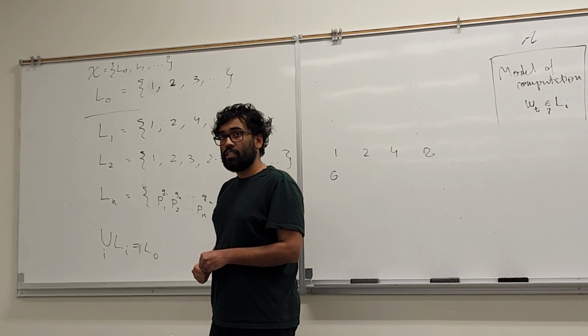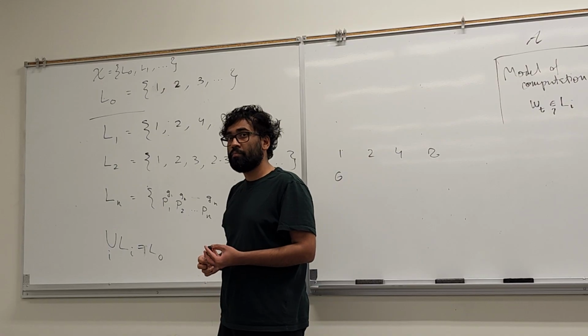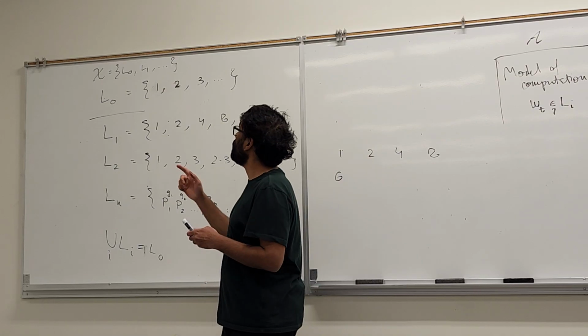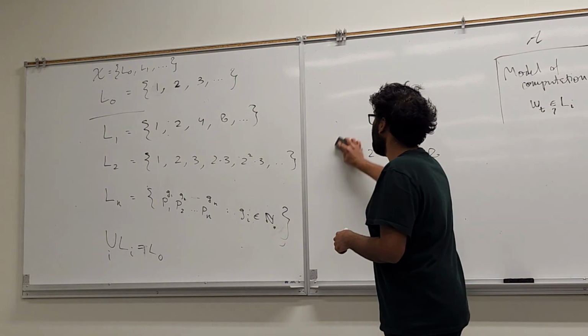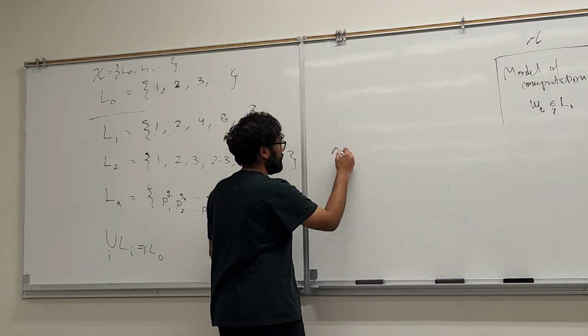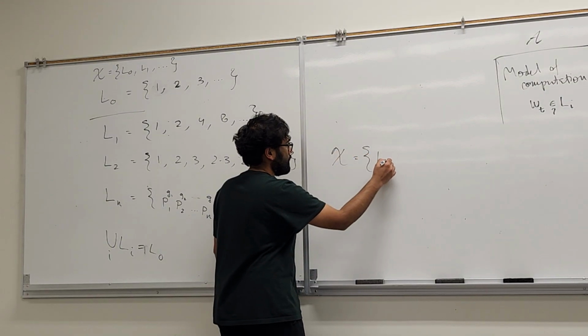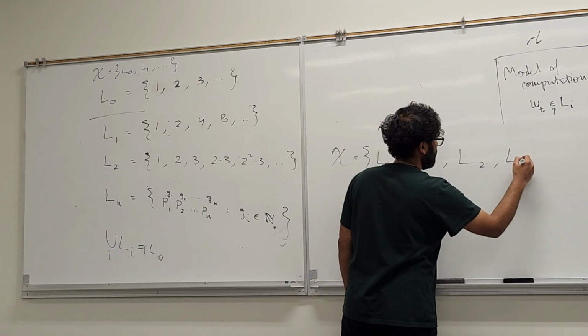I'm not sure, if n goes to infinity, this one is going to be uncountable. Oh no, I guess if I write it down, then you'll see it right away. The set of numbers is countable, right? So any subset of it has to be countable. L0, L1, L2, L3, countable.